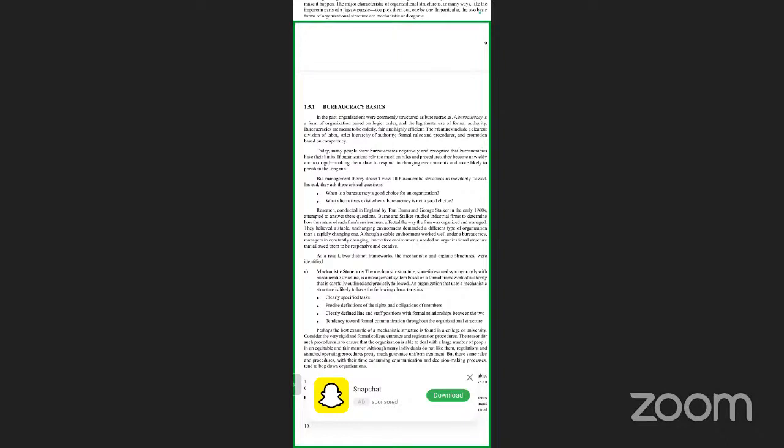Sometimes productivity may get affected. So the management should question critically among themselves if bureaucracy is a good choice for an organization, or alternatively, whether something else other than bureaucracy can be focused on.